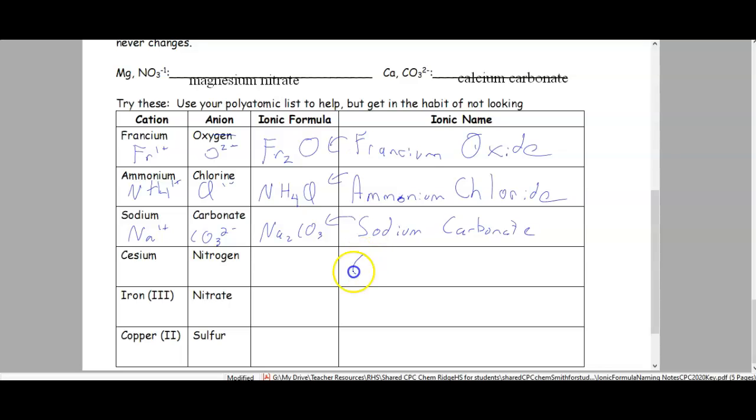Even over here, cesium nitride. That IDE gets replaced. And so that name can give you this formula, because you know cesium is a 1 plus in the first column. You know the nitride is actually nitrogen, and that's in the 3 minus.